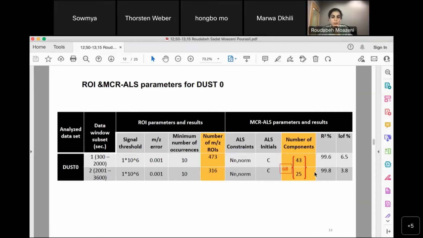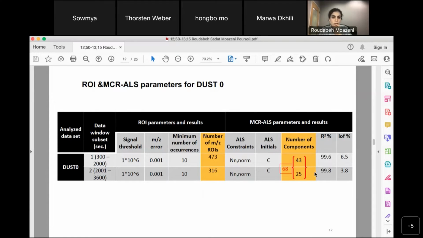After that, we applied the ROI method. In this table, you can see the parameters we used for the ROI method. The number of m/z values was reduced to 473 and 316 for parts 1 and 2 of dust 0.